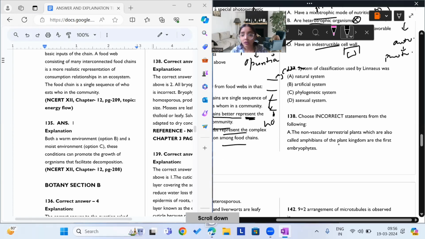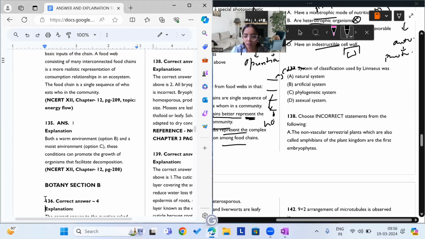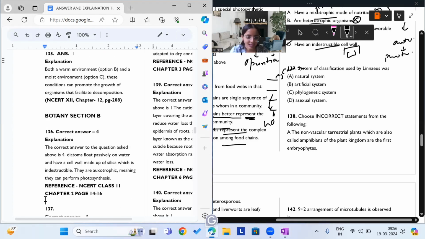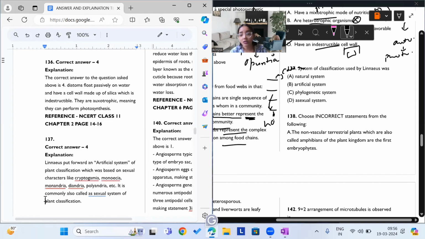Moving on. System of classification used by Linnaeus was. Now see, if you ask me which is the easiest question in the whole botany paper, I will say this.